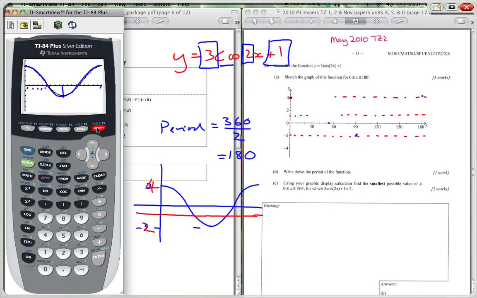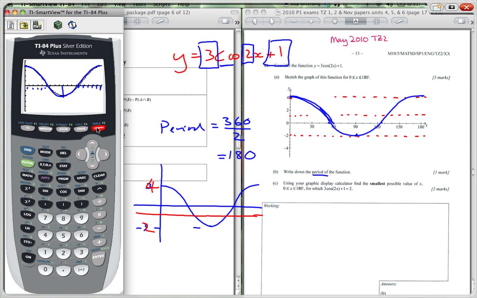This is 180, 170, 160, 150, 140, 130. So it's between 120 and 130. It's sort of going to go through there. So your graph is going to do something like this. You want to make it a nice smooth graph. Hopefully you'll do a better graph than I am.